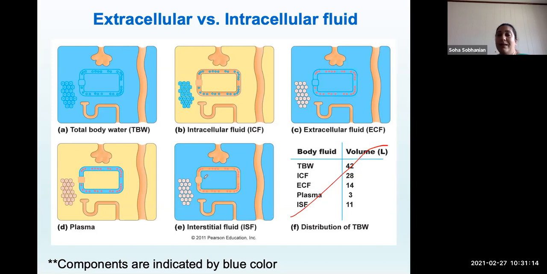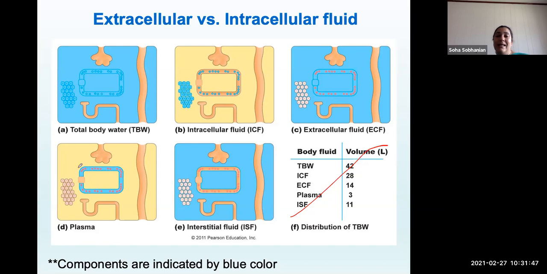If this is the fluid that's not part of the plasma, but it is still outside my cells, it's called what? Interstitial fluid, or ISF. I never use the word ISF, I just call it interstitial fluid. So one more time, if the fluid is outside my cell, it's called extracellular fluid, or ECF.